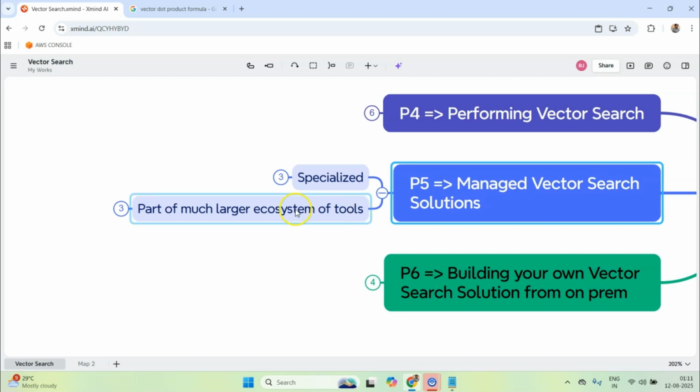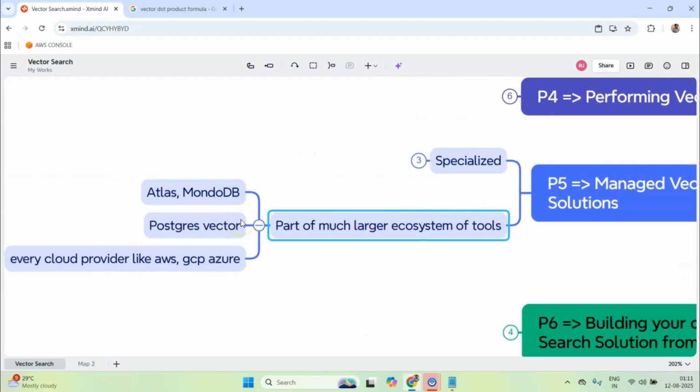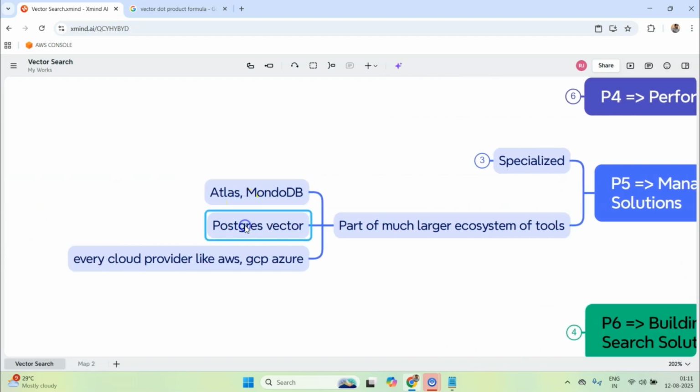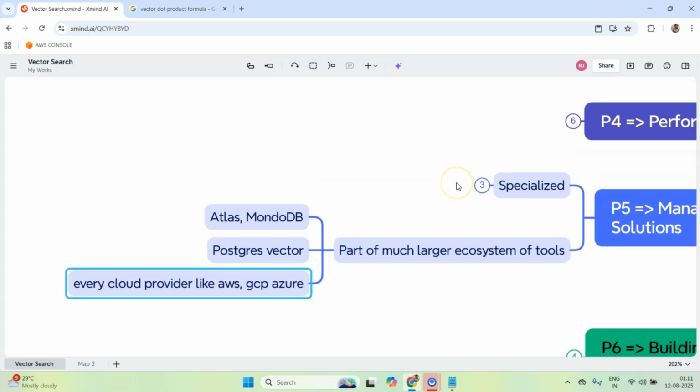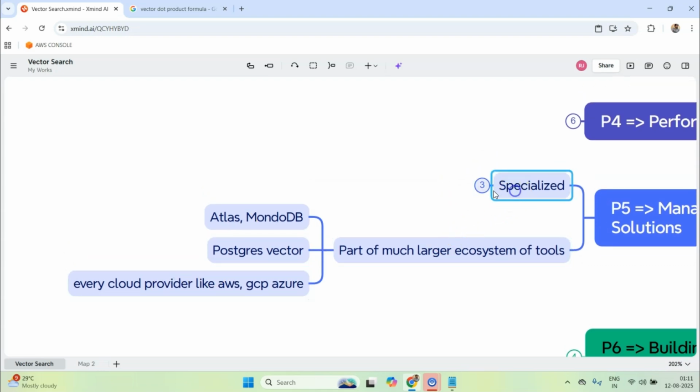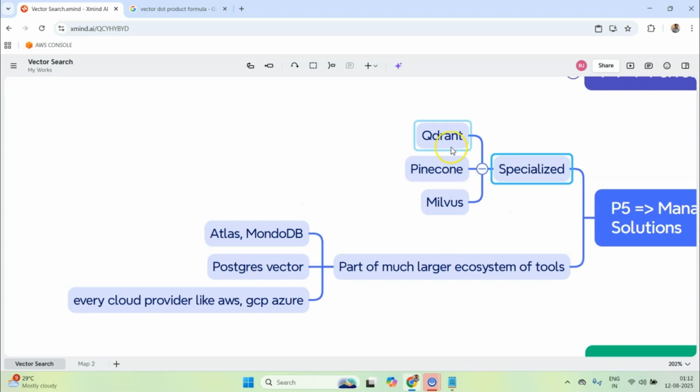Then there are systems like GCP and Azure. All these are part of a much larger ecosystem of tools like Atlas, MongoDB, Postgres, pgvector, and every cloud provider like AWS, GCP, Azure. And then there are specialized tools such as Qdrant, not tools I should say, but rather companies which are offering you these solutions, and Milvus.